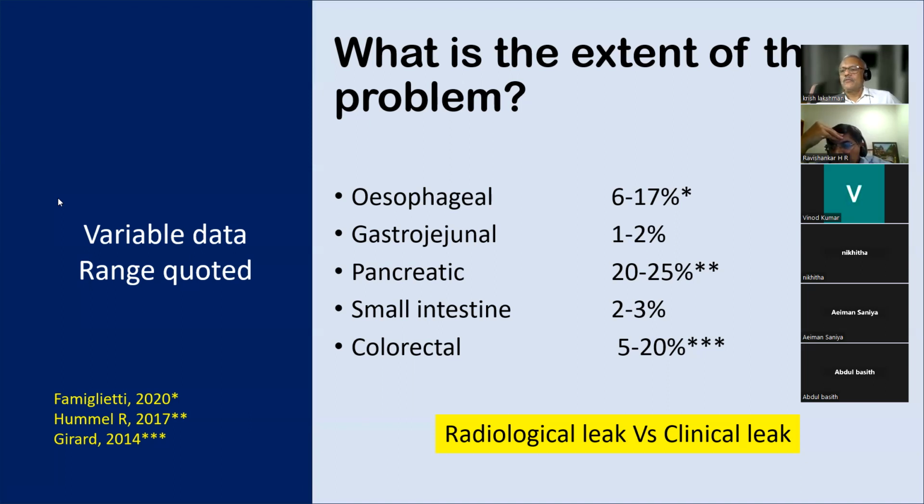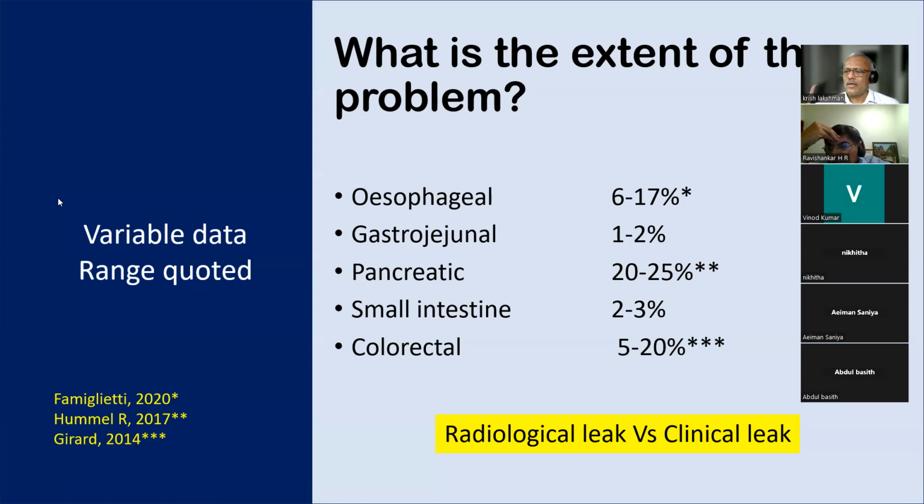Even in bariatric surgery, and we have done it in low rectal anastomosis, routinely people would get a contrast enhanced CT or, in the earlier days, a gastrografin or barium swallow or a barium enema. And they found that the radiological leak was much higher, though the patient was fine.